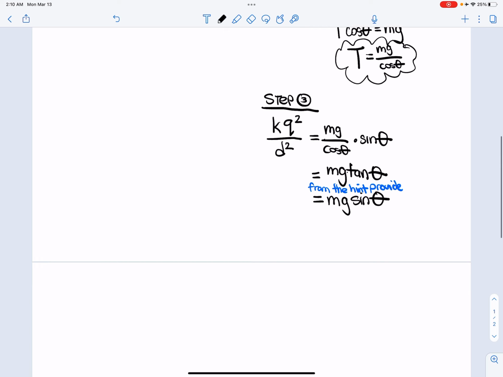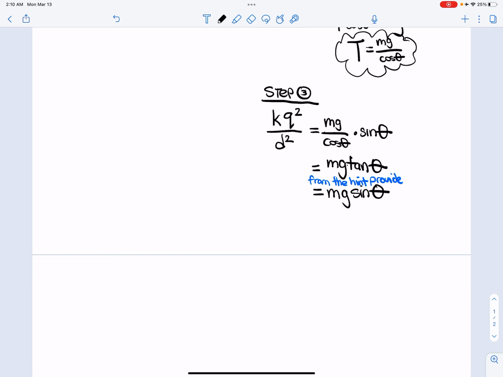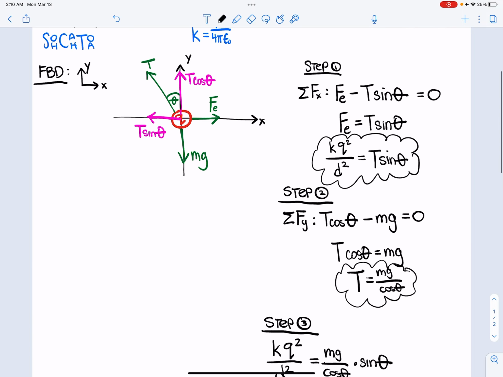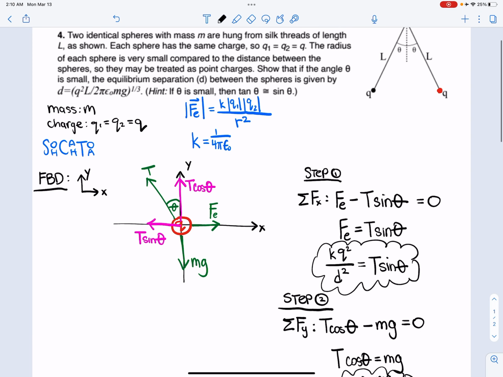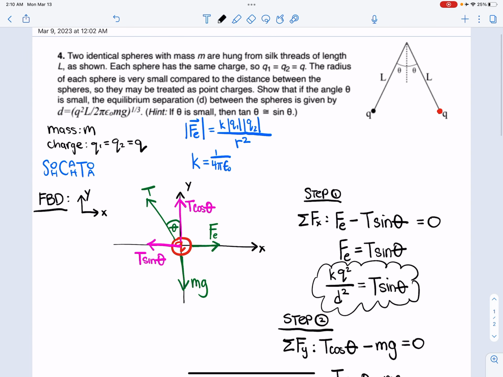Okay, so now using geometry, what is sine of theta? Let's go back to our problem right here.